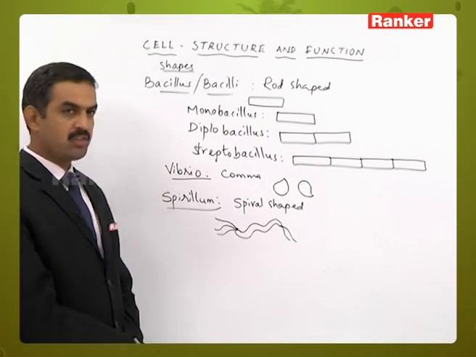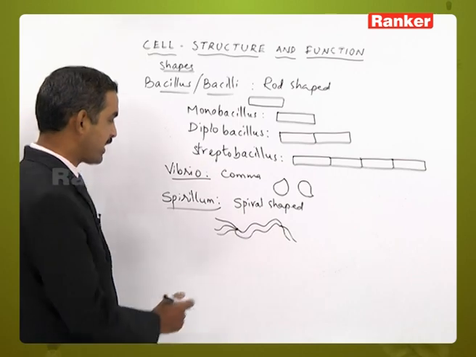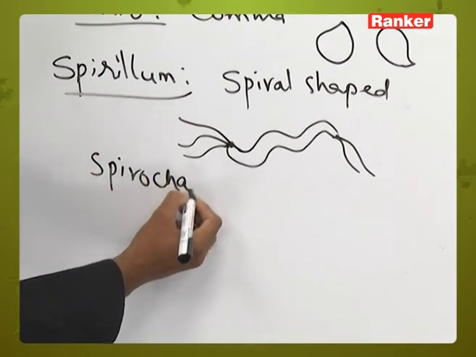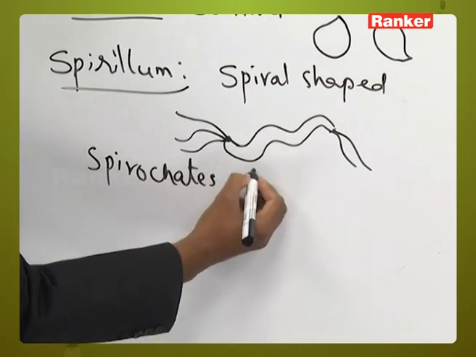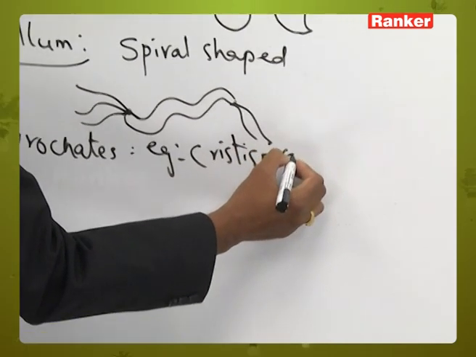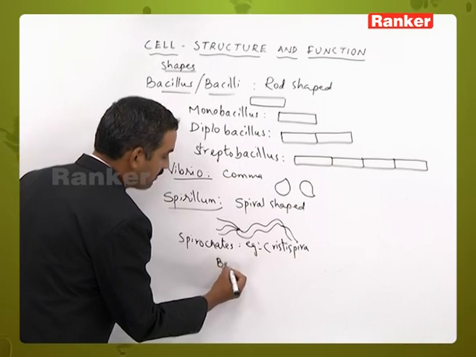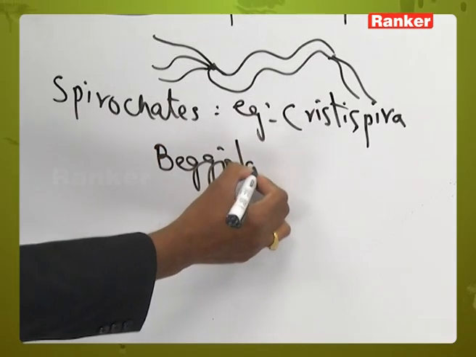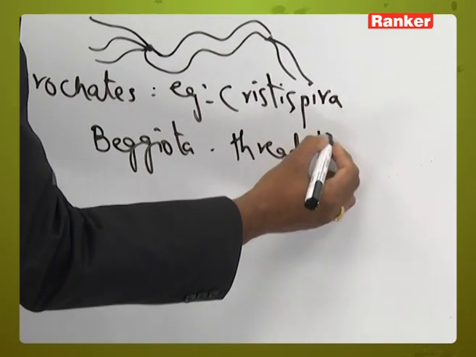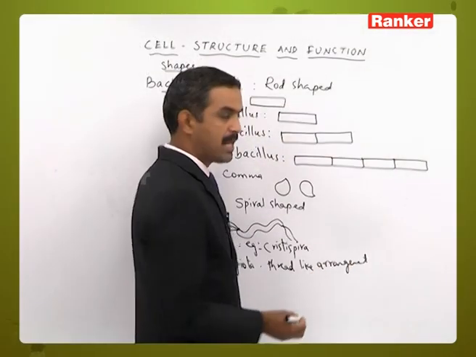And there are some spirilla which are flexible, so those are called spirochetes. The flexible ones are called spirochetes. Example is Cristispira. Then Beggiatoa is there, which shows a thread-like shape, we can say.